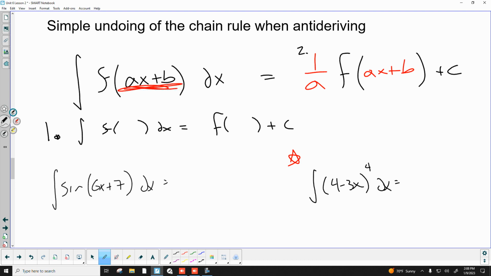Bro, I'm so confused. What's the antiderivative of parentheses to the 4? You put a 3? No, I know. I messed up there, but I'm still saying it would be 1/4. No, you need to start over.